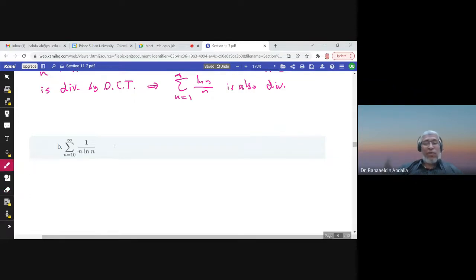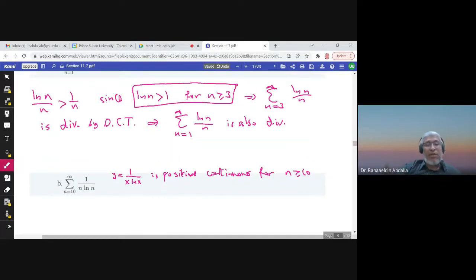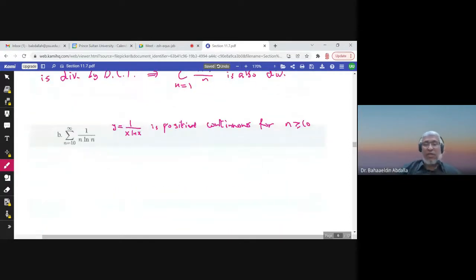And if you remember, for the integral test, we have 1 over x ln x. This is y, the function. This is positive, of course, and continuous for n greater than or equal to 10. n starts from 10 here. And to prove that it is decreasing, we solved this exercise exactly in the integral test.